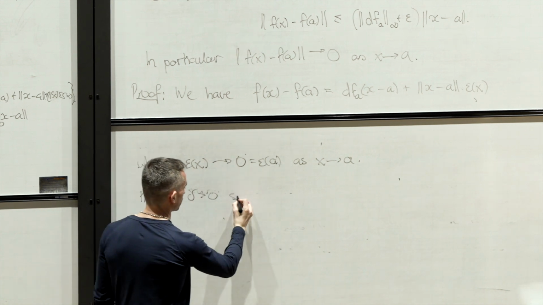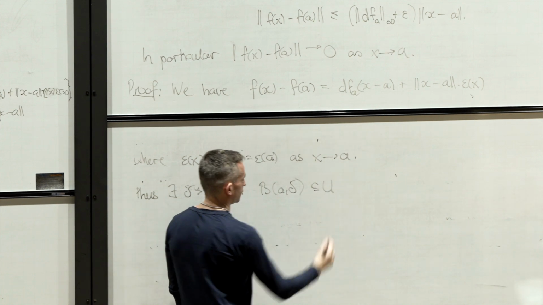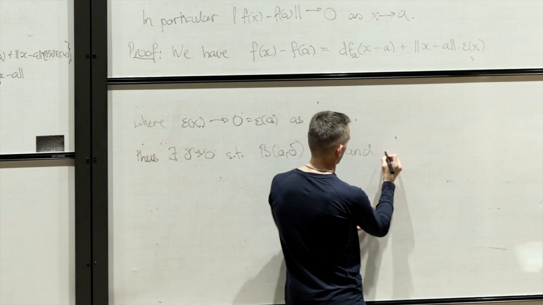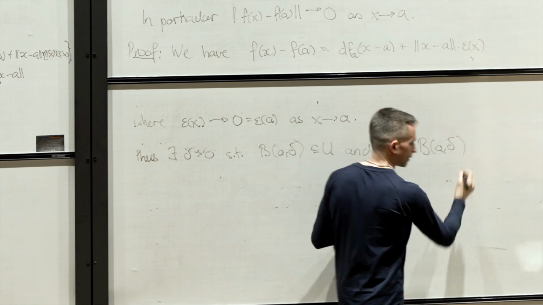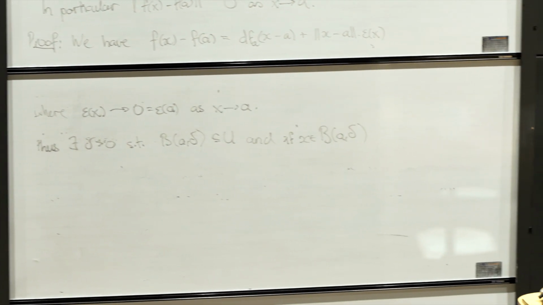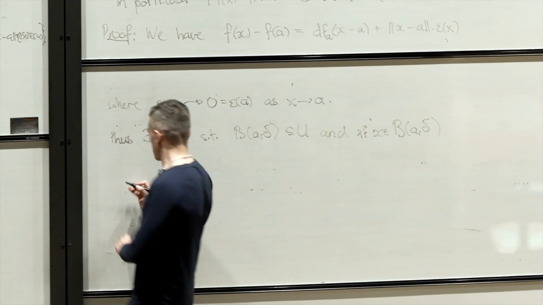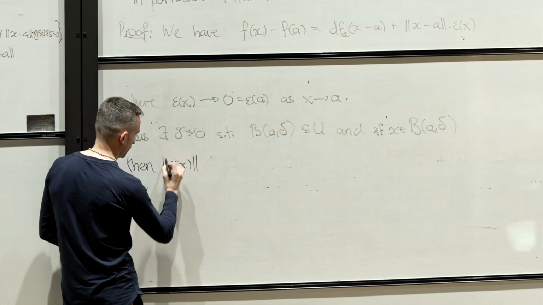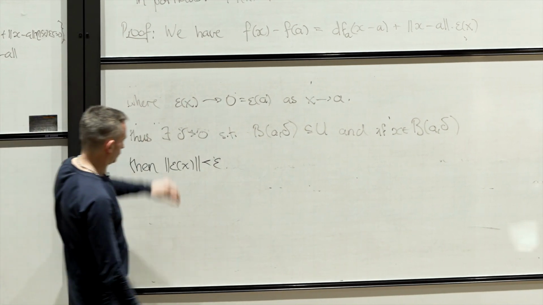There's a delta greater than 0, chosen small enough so that the ball lies inside U. And when x is within distance delta of a, then the norm of epsilon of x is less than epsilon.